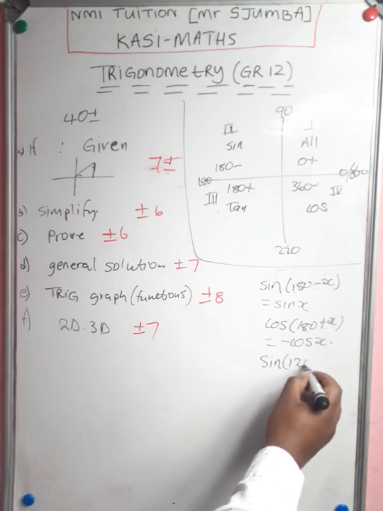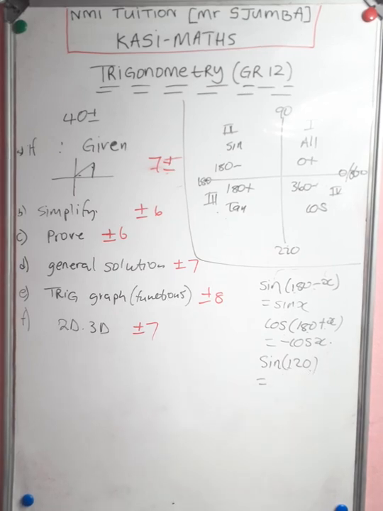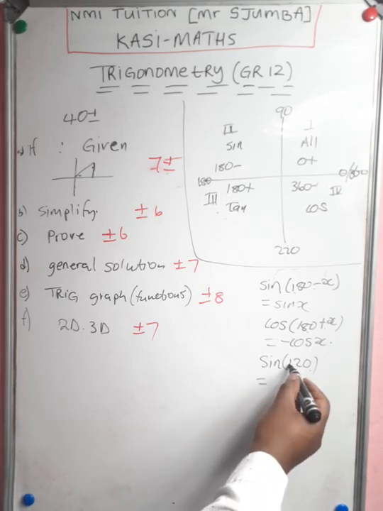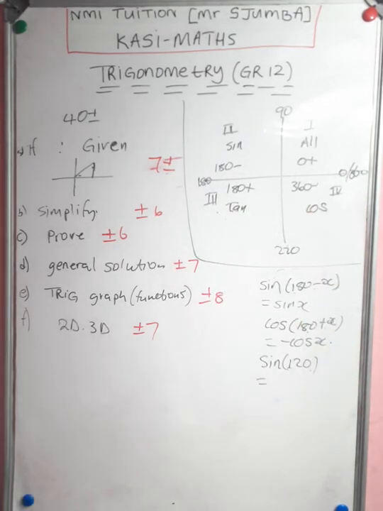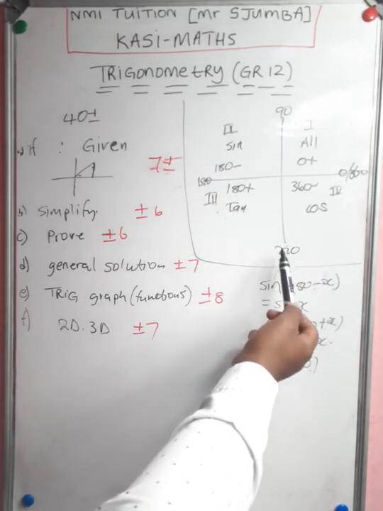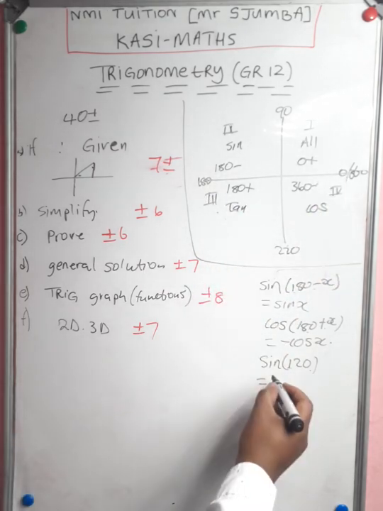Let's say we have sine 120. Always take a number that is not an acute angle. You must reduce it to an acute angle, then see what happens after that. To reduce to an acute angle you use 180 or 360. If you struggle, you can use 90 and 270, but try by all means to use 180 or 360.